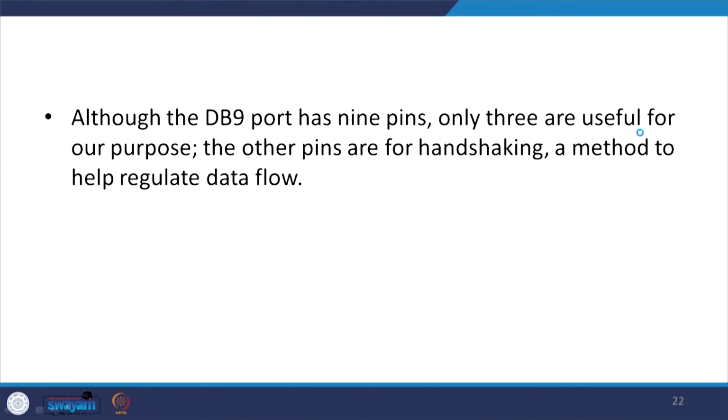This is made possible using a technique called charge pumping, which uses capacitors to store and boost voltage. Although the DB9 port has 9 pins here, only 3 are useful for our purpose. The other pins are for handshaking, a method to help regulate the data flow, which I have discussed in my earlier lectures.